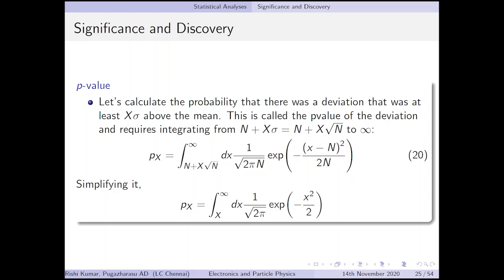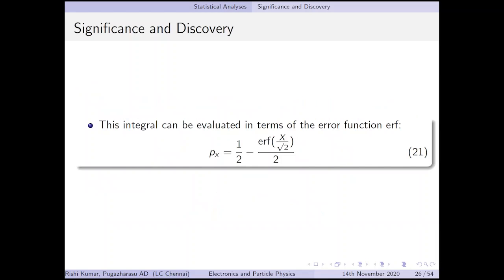If we simplify that, we get p(x) is equal to the integral from x to infinity dx of 1 by root 2 pi, exponential e to the power negative x squared by 2, mind you. This integral can be evaluated in terms of the error function, which is a very important function we have. So p(x) is just 1 minus erf, which is the error function, of x by root 2, whole by 2.